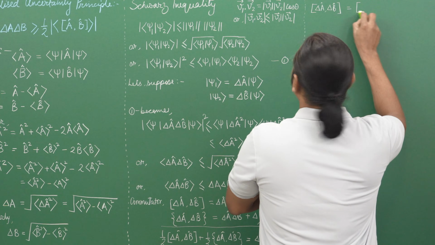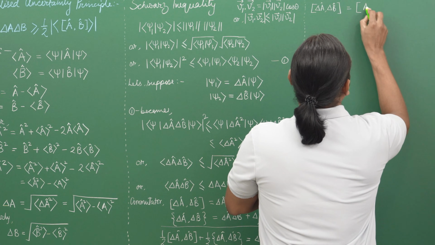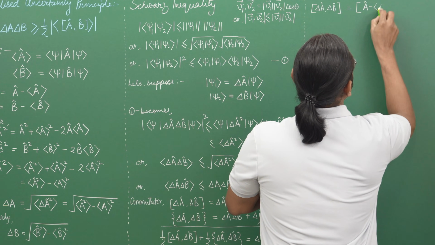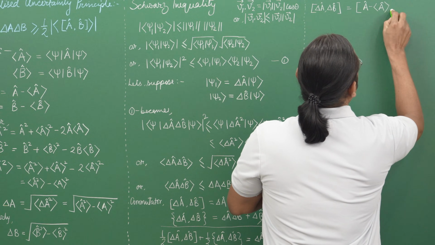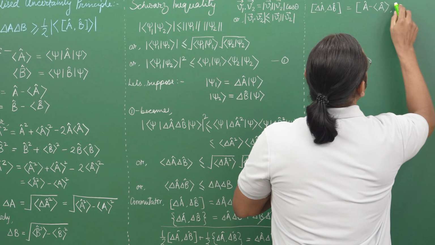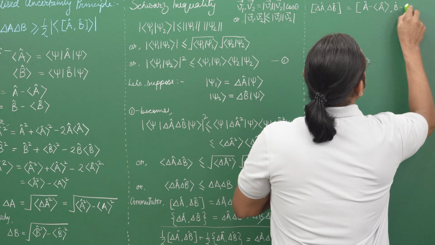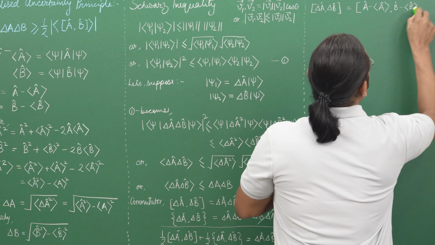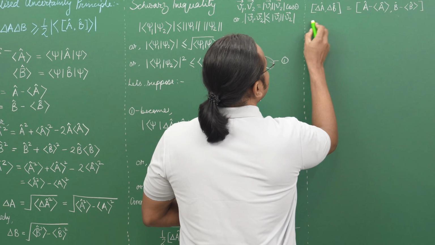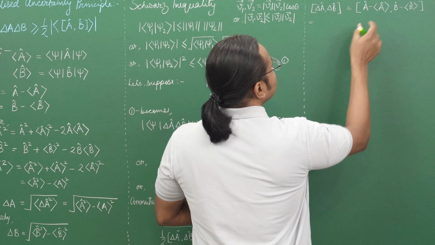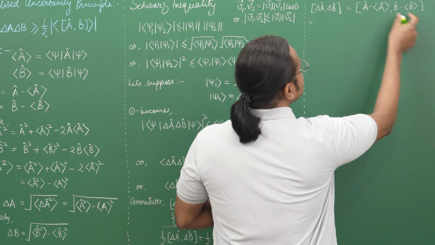So this is nothing but A minus expectation value of A and B minus expectation value of B, right? So if I simplify this whole expression, what should I get? I should get this times this minus this times this.